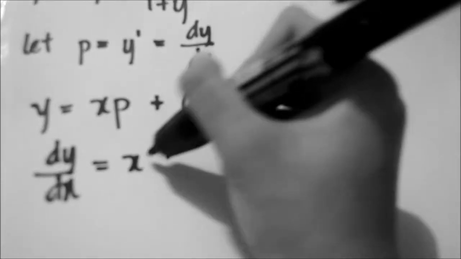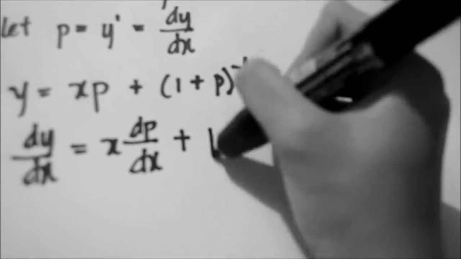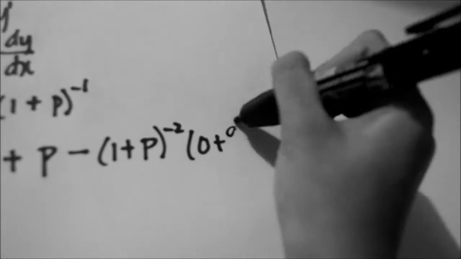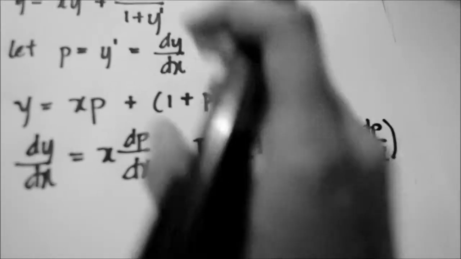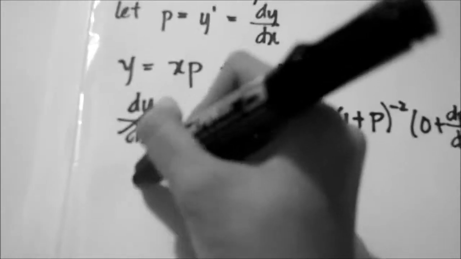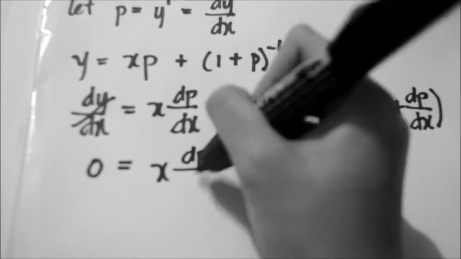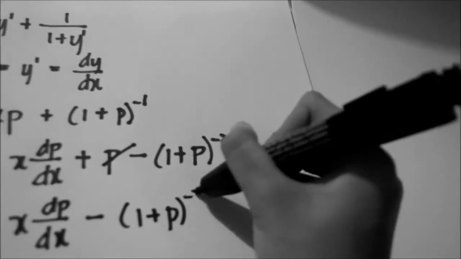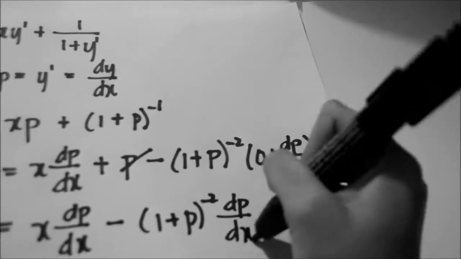Differentiate both sides of the equation with respect to x, and we will get dy/dx = x dp/dx + p - (1 + p)^(-2) dp/dx. Take note that p is equal to dy/dx, so this will cancel out and we will get 0 = x dp/dx - (1 + p)^(-2) dp/dx.